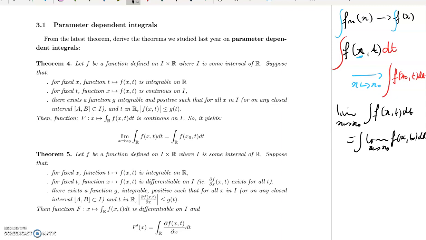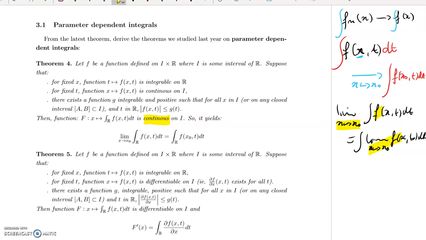So we're going to have two theorems. One theorem concerns continuity, which looks like exactly what we've just done. Continuity of a function f just means that when the variable tends to some value x0, then the limit is well defined and equal to f of x0.